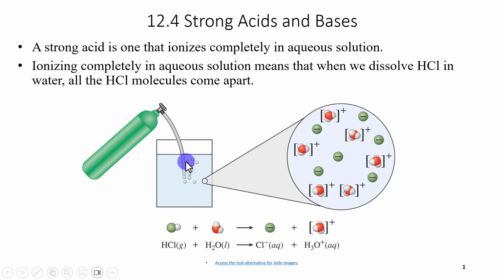So if I were to zoom in into that aqueous solution of HCl and look for what species I have in solution, they will all be either hydronium ions, H3O+, or chloride anions, Cl-. There will not be any HCl left in solution. All of it splits apart, and that is because it's a strong acid.